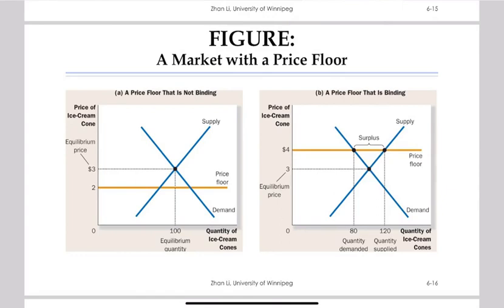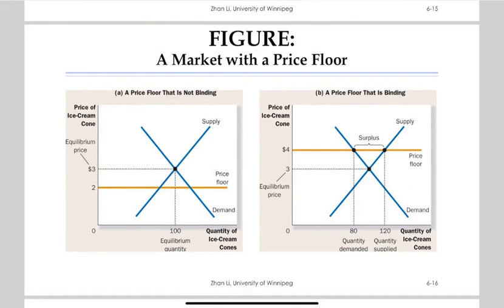Because according to the definition, a price floor is the minimum price at which the product can be sold, right? And since the market equilibrium price is $3, it already satisfies the price floor policy. So the price floor here is not binding, and the market price and market quantity would stay the same.